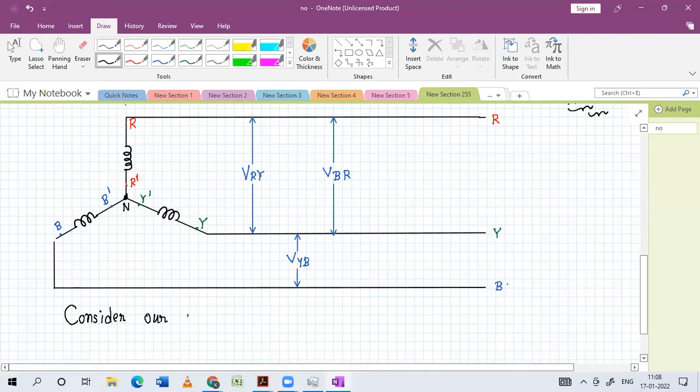What is the meaning of a balanced system?